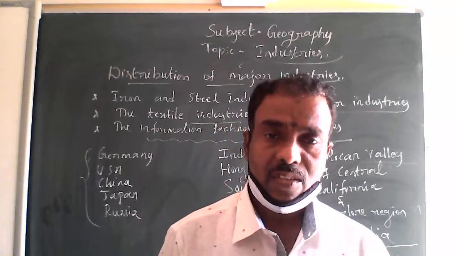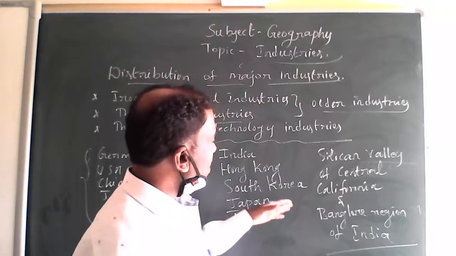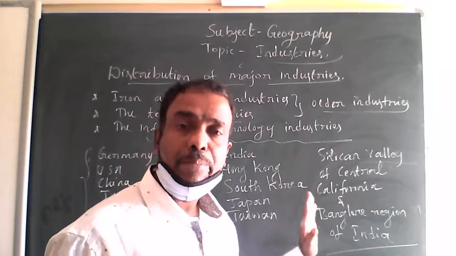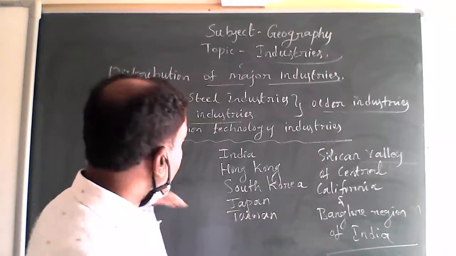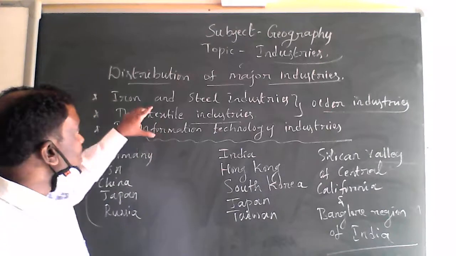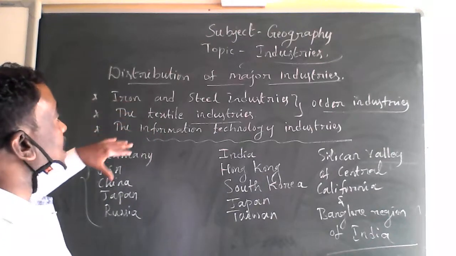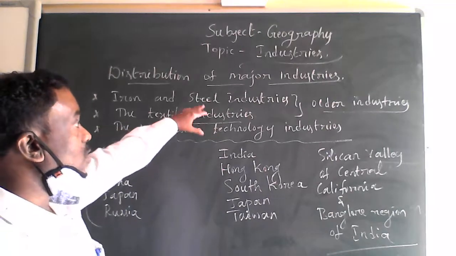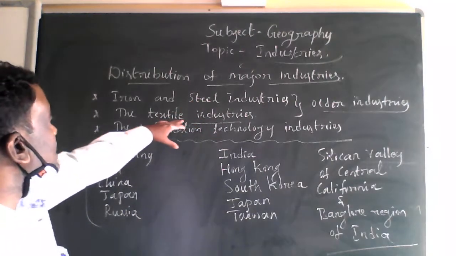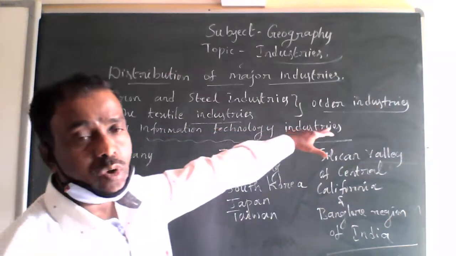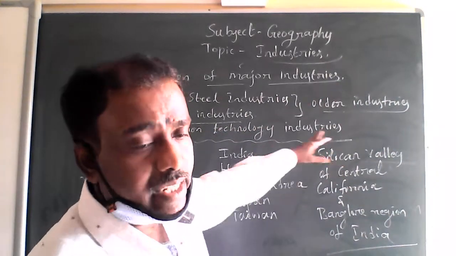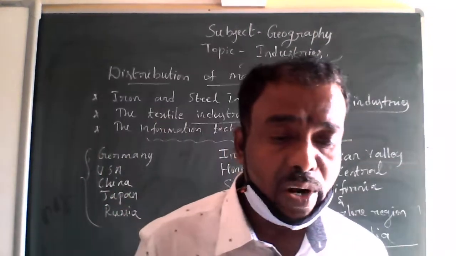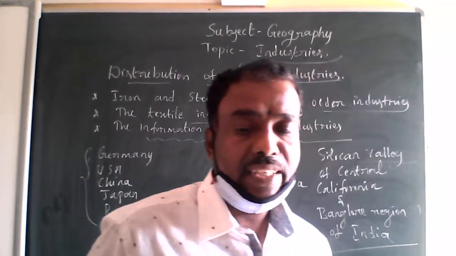Getting, dear students? Information technology industries means ITBT. Understood? So this is the distribution of major industries such as the iron and steel industries and the textile industries. The iron and steel and textile industries are called the older industries, and the information technology industry is called an emerging industry.